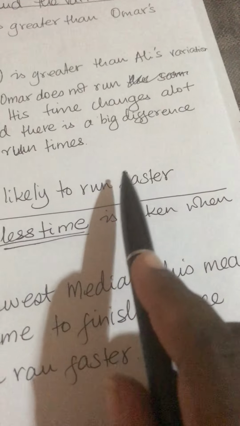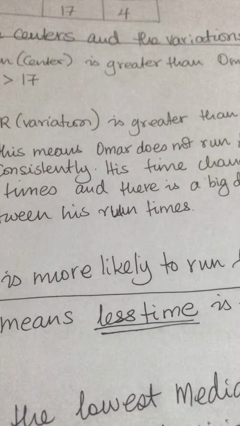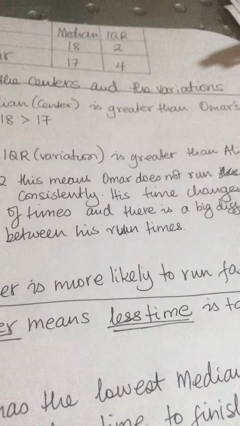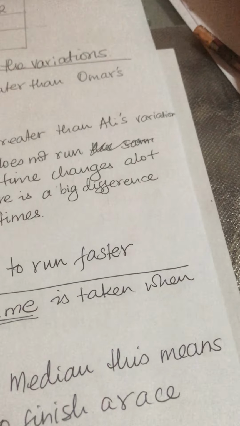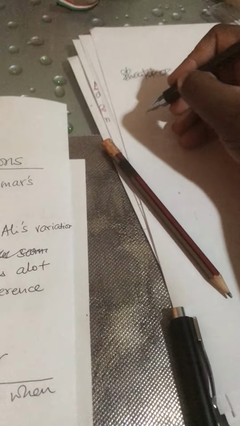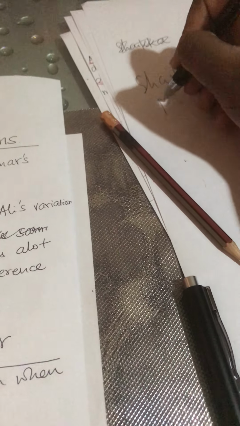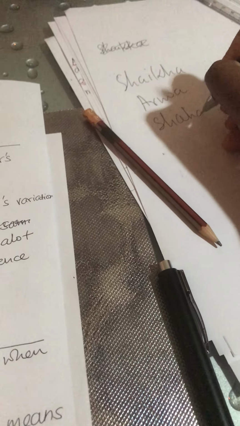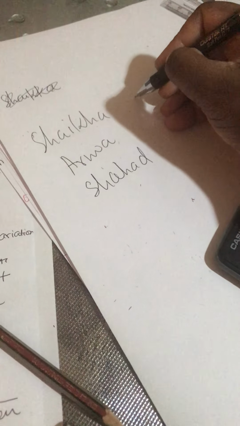What does running faster mean? Running faster means you took less time. Not that you took more time, you took less time. If 2 people are running, let's say Shaker, Arwa, and Shahad. Okay? Shaker runs how much? Let's say Shaker runs 10 minutes.